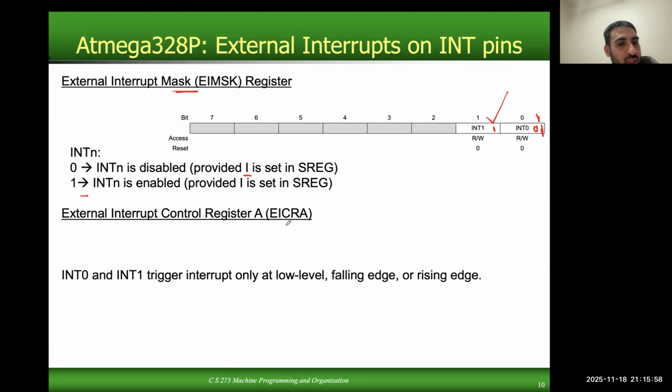External interrupt control register. These two interrupts are the interrupts on the pins INT0 and INT1. The input on these two pins triggers an interrupt only at low level, falling edge, or rising edge.